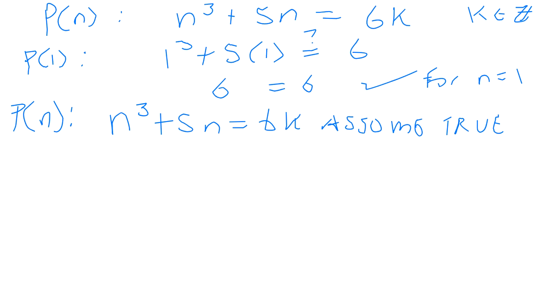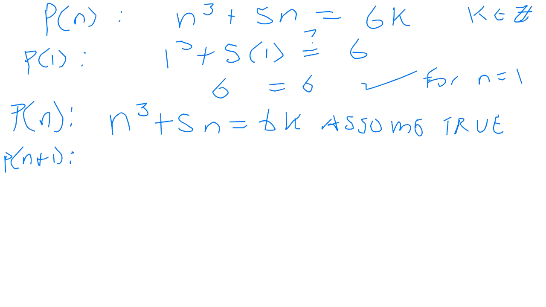All right, so we're now going to check for P of n plus 1 to see if we work out to get the right thing. Now, here's the trick. For P of n plus 1, you don't have to do anything to the right side. All you need to show is that the left side is equal to some 6 times k. So you don't have to worry about the right side now. All I want to show is that it's equal to a multiple of 6.